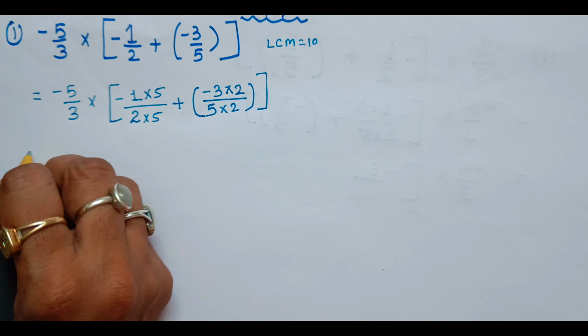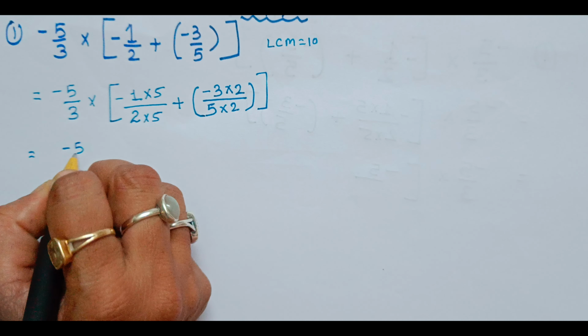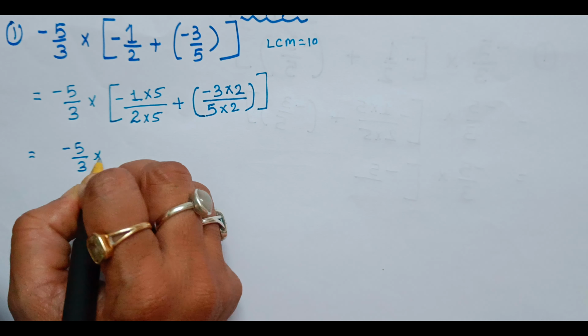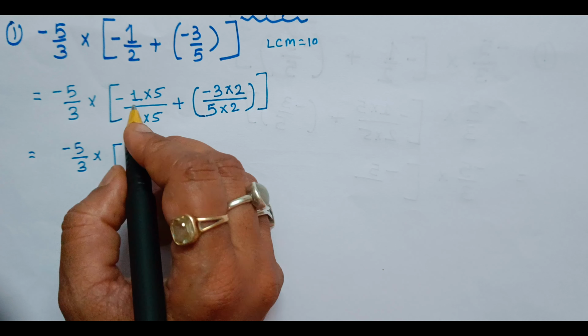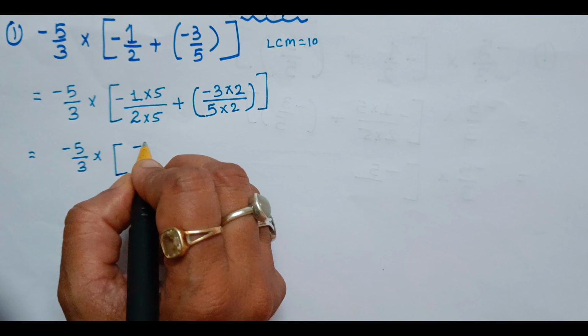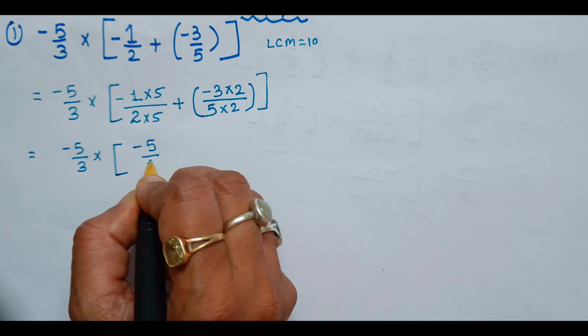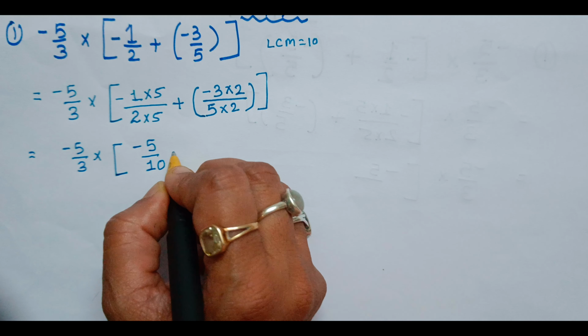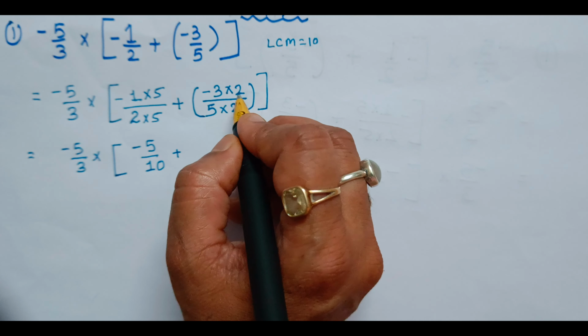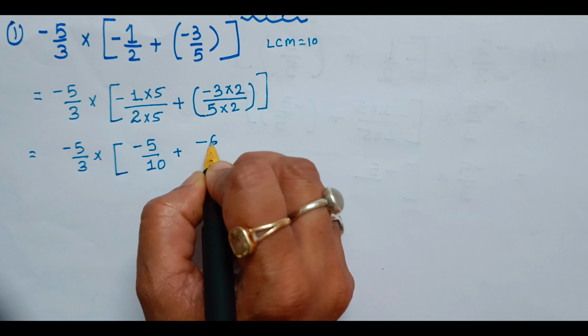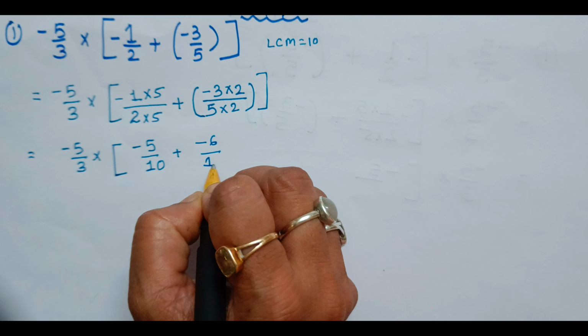It is equal to minus 5 by 3 multiplied by minus 1 multiplied by 5 is minus 5 divided by 10, plus minus 3 multiplied by 2, minus 6 divided by 10.